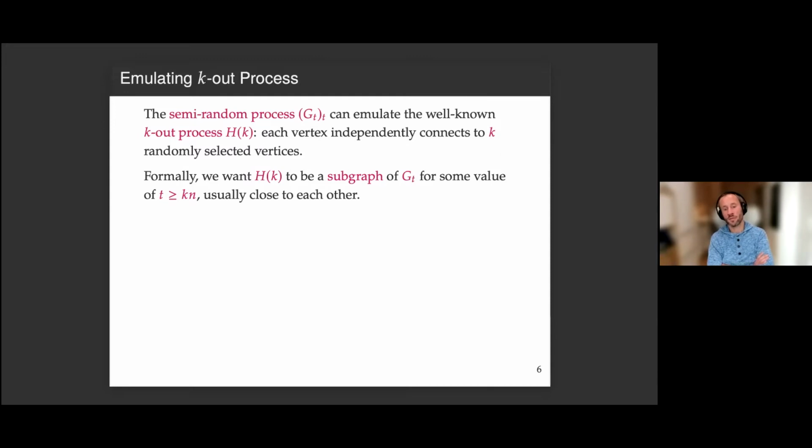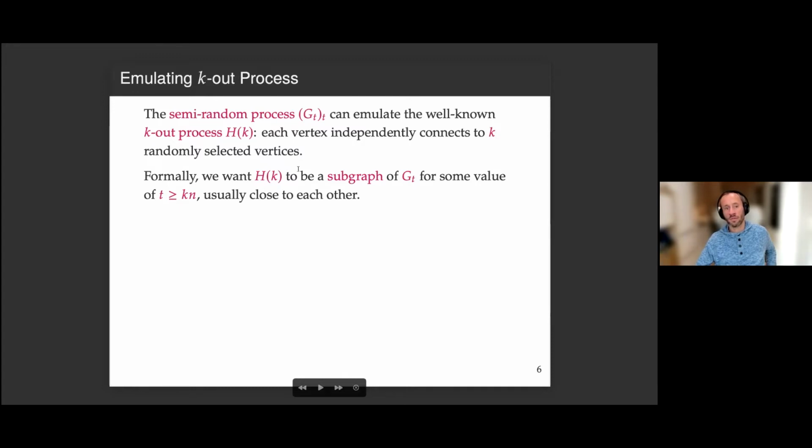Formally, what we want is some kind of coupling that will create the following situation: at time t, which of course has to be larger than k times n, my graph that is created by the semi-random process is actually a supergraph of the Kout process. So I want to achieve something like that.